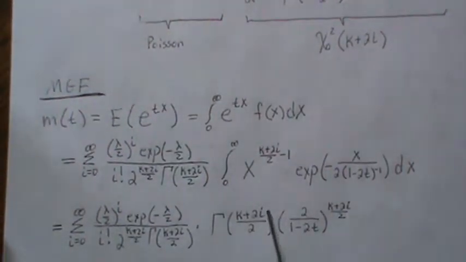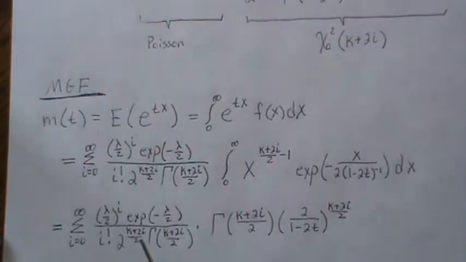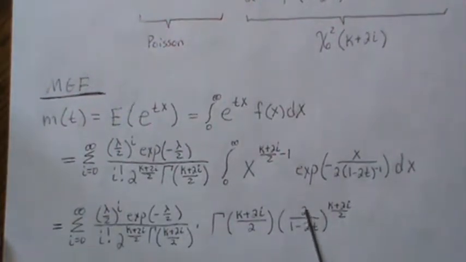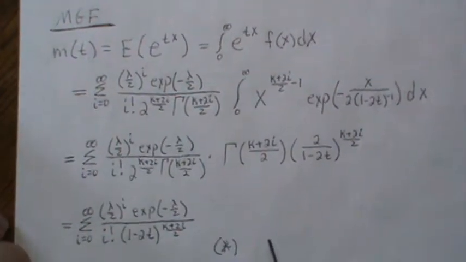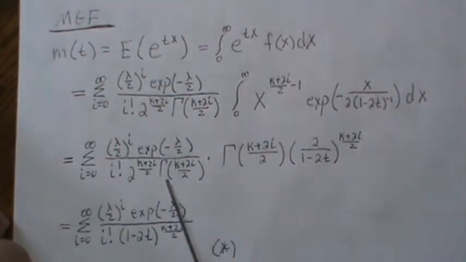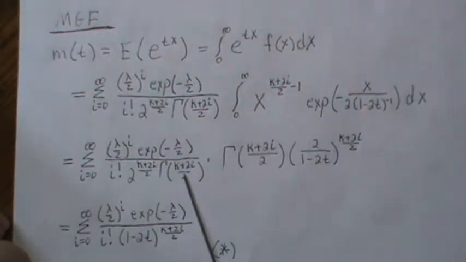Now there are some cancellations here. So this 2 to the (k plus 2i) over 2 cancels with this one, and then we're left with this. So this comes down, that comes down, the i comes down, cancel, cancel, cancel, cancel.